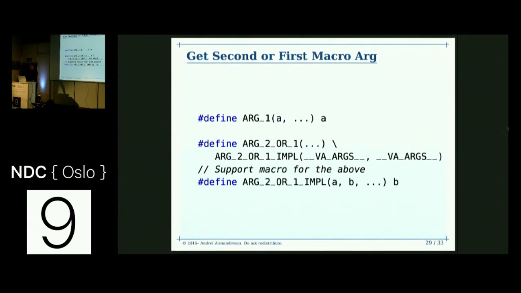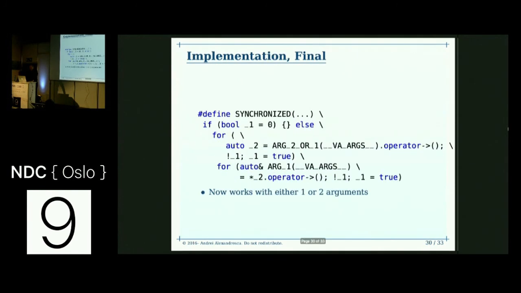Are you ready for the next level here? All right. We get arg2or1 of __VA_ARGS__, and I'm getting arg1 here, and it turns out it just works that way. So if you invoke this with synchronize with one argument, you're going to get just like before. But if you invoke it with two arguments, this operator arrow is going to be the second argument.